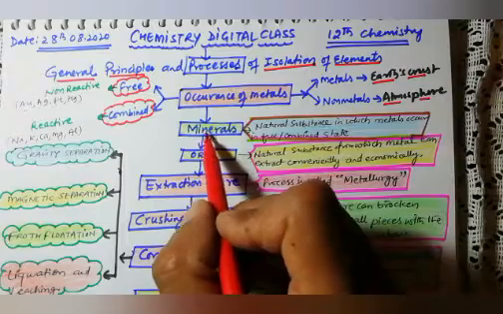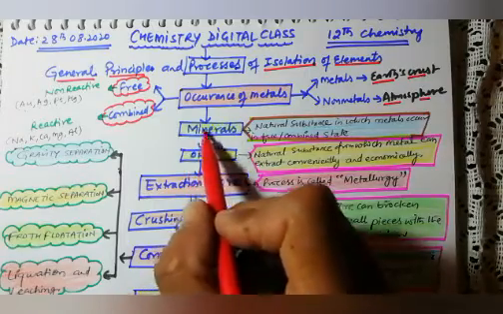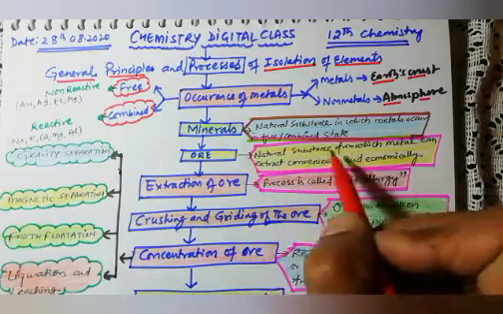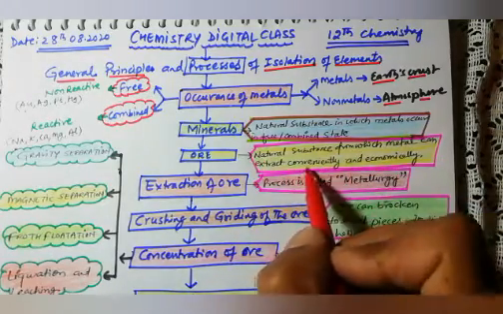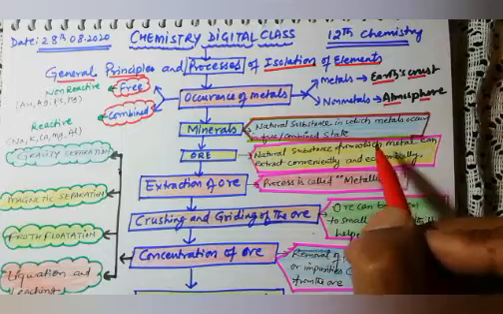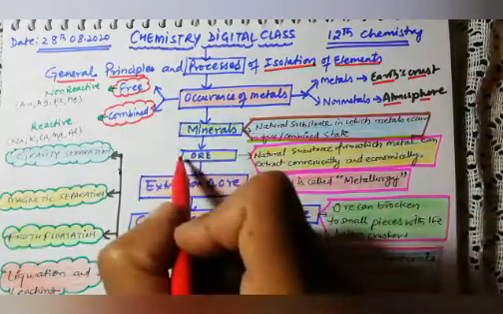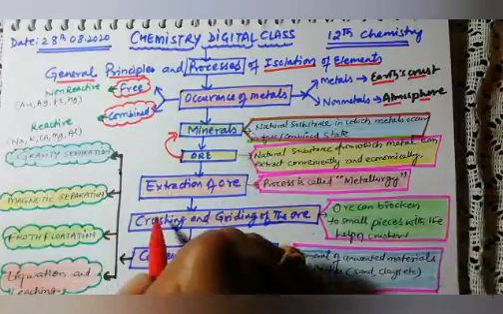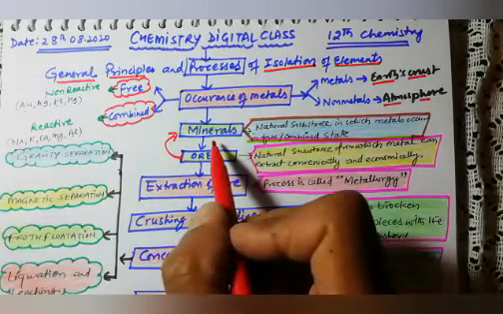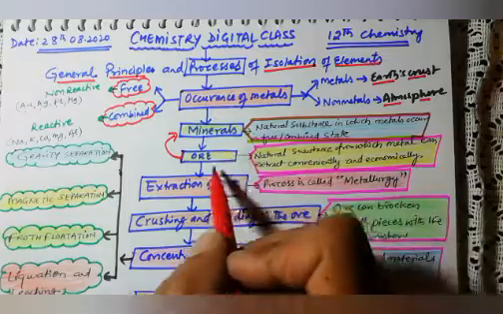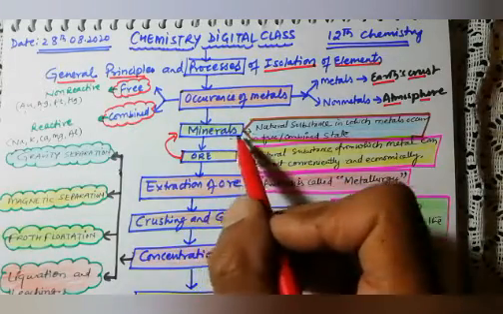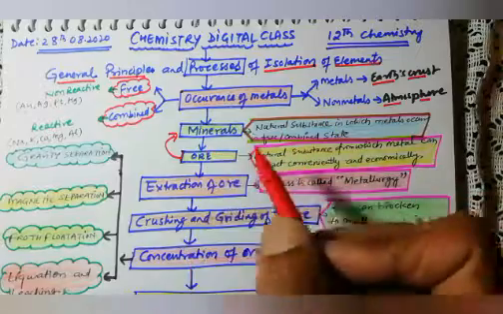Among minerals, those from which we can extract the metal conveniently and economically are known as ores. मतलब सारे ore mineral हो सकते हैं, but ऐसा जरूरी नहीं है कि सारे mineral ore होंगे. So all ores are minerals, but it is not compulsory that all minerals are ores. Some minerals are such that we cannot extract metals from them. Those minerals are not known as ores.